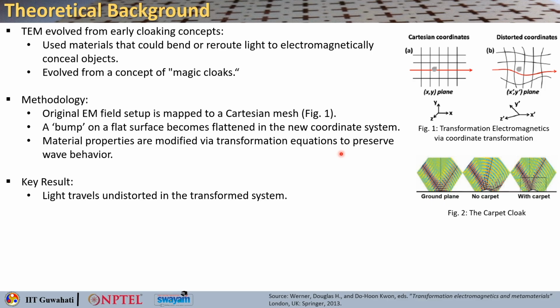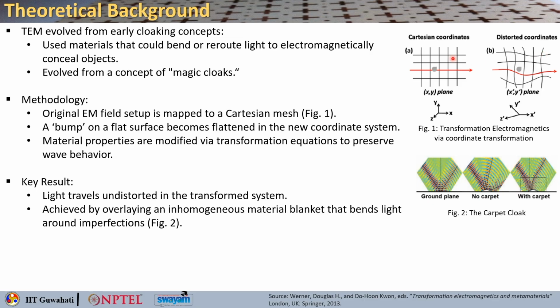The key result is that light is traveling undistorted in this transformed system. So, you can overlay an inhomogeneous material blanket that can bend light around an imperfection. So, here you have an imperfection, and you just bend the light around it and it exits in the same way it was entering this system.